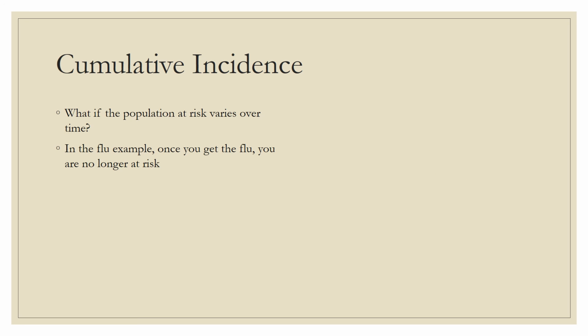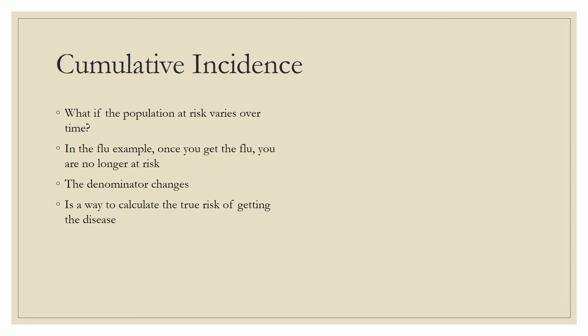Another concept that we need to discuss is cumulative incidence. This is going to be abbreviated CI. So this is used when the population that's at risk of a certain disease or condition varies over time. So with the flu example, once you get the flu within a season, you're no longer at risk of getting it again because your body becomes immune.